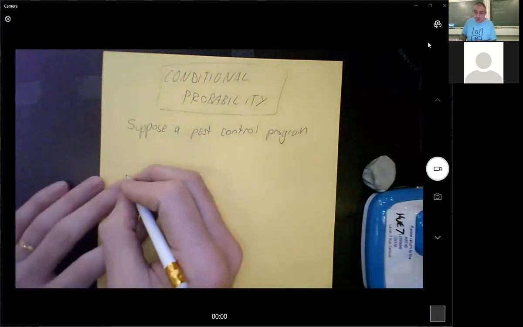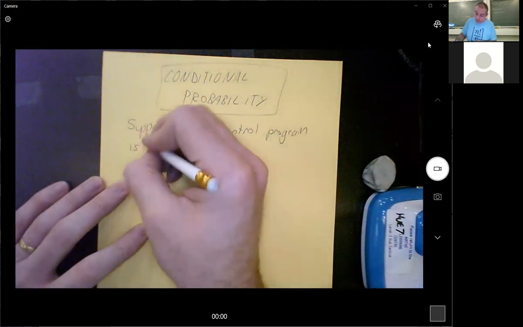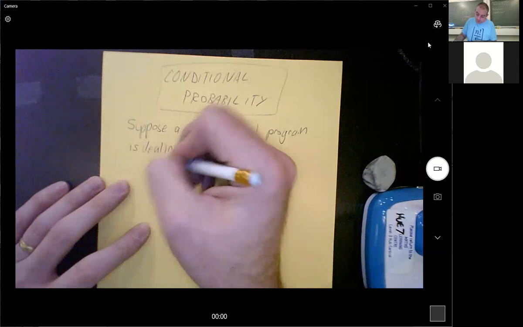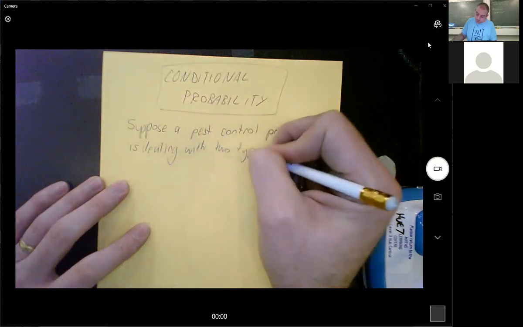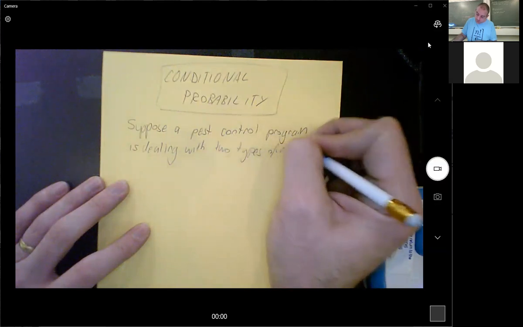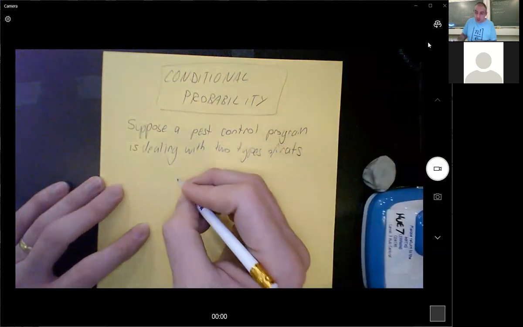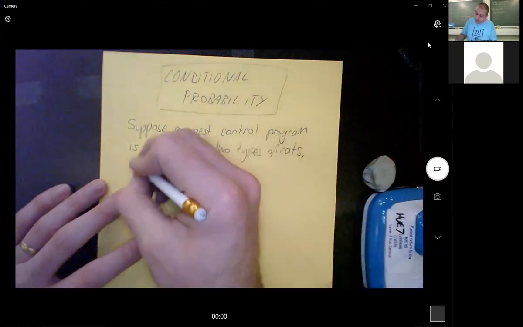Suppose a pest control program is dealing with two types of rats, black and brown.